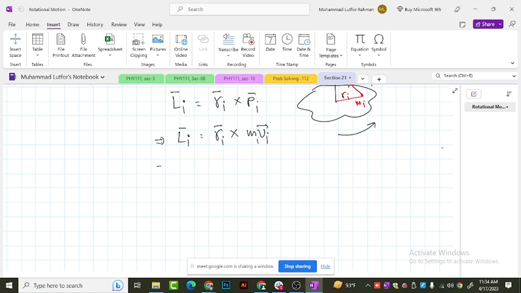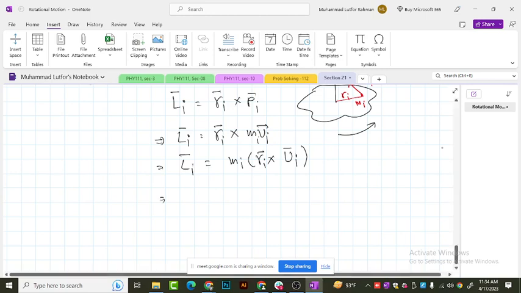I can rearrange this equation a little because m is a scalar quantity. I can factor it out by the properties of the vector, giving mi, ri cross vi, right? Now what is the angle between these two vectors? Can anyone tell me what should be the angle between these two vectors?